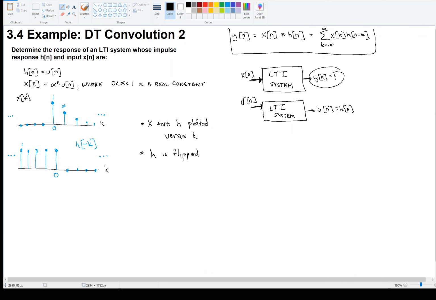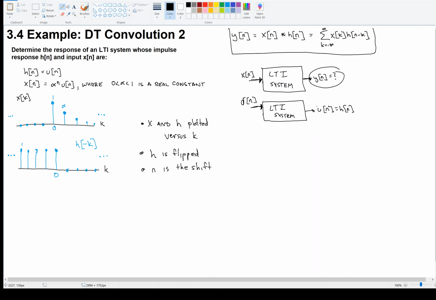If we're taking the viewpoint of x and h versus k, I see that k appears as minus k for h, so I'm going to flip h. Then, look at the role of n in this equation. If I'm taking the viewpoint as if k is the variable, then n is a shift in that variable. N is the shift. These are subtle but important points that are easy to lose track of as you go through this. N is the shift, and then we're going to sum over k.